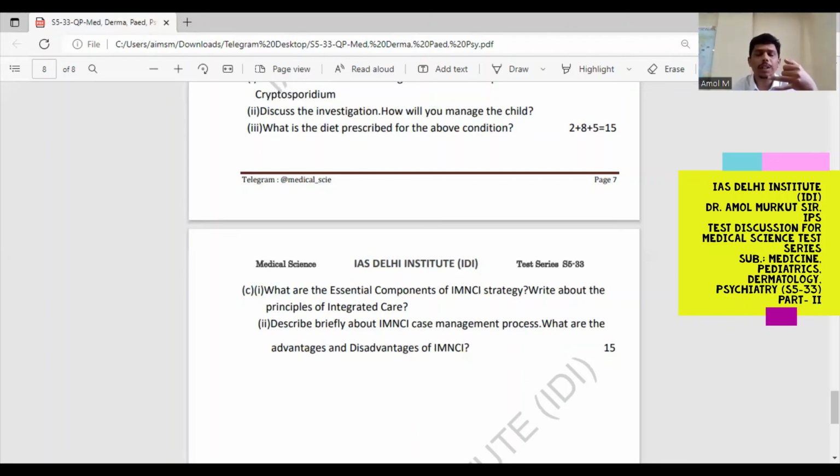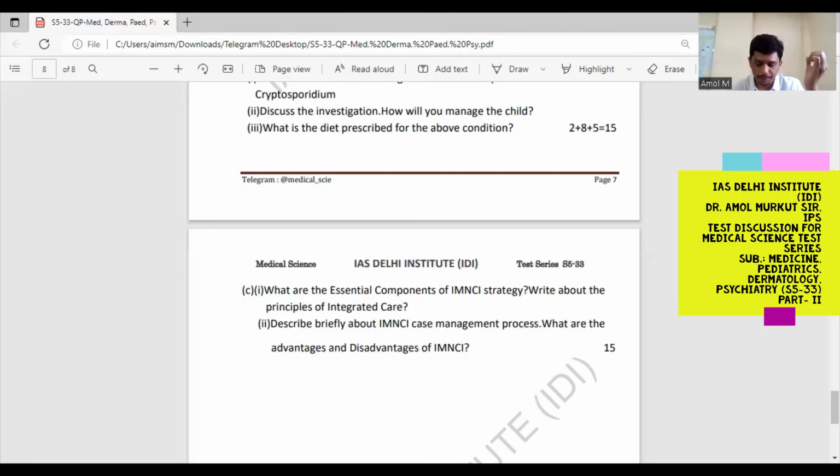Then evaluating the child for any nutritional deficiency, immunization status or malnutrition, that is the nutritional status. That is the first analysis. Then categorizing the illness, treating the child, then referral in case of warning signs, then counseling of the parents. Those are the principles of integrated care.